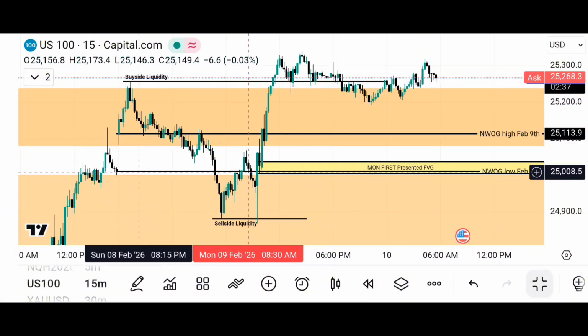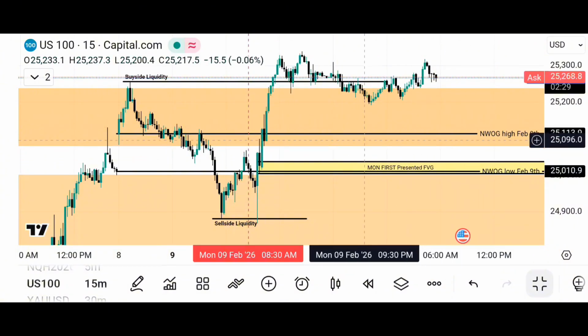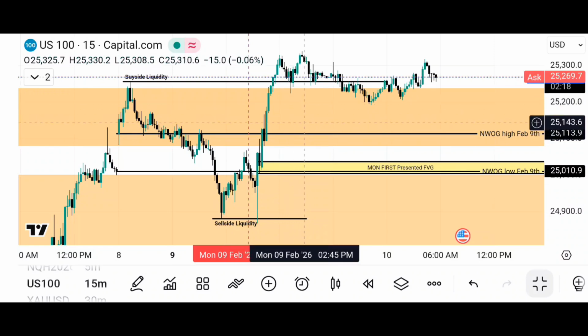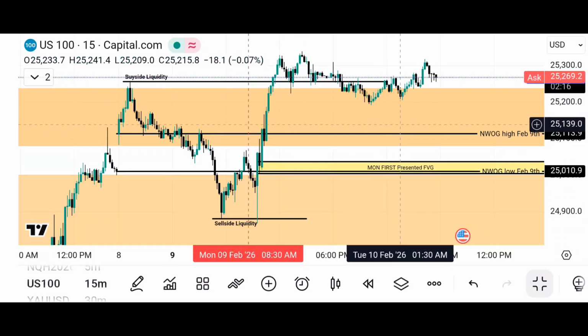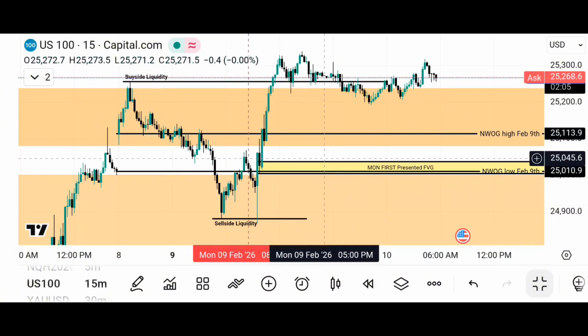So during that time there is an absence of trading. So this actually is a new week open gap, and it acts like a black hole to price, just like the way a black hole sucks things in. That's how price is drawn to this level, and they are acting like a magnet to price.